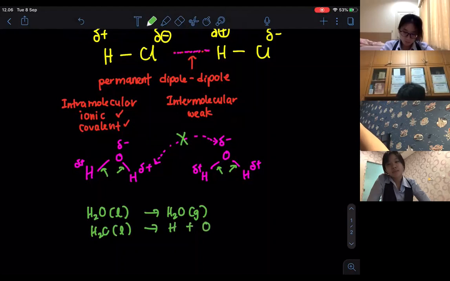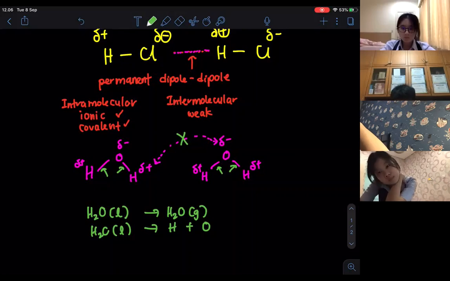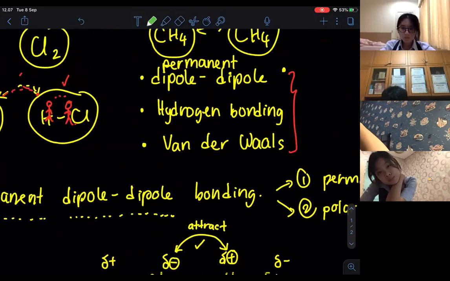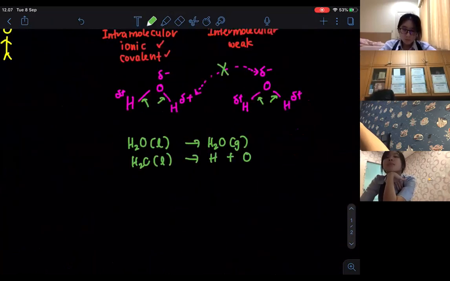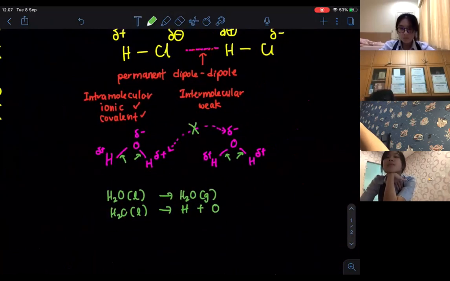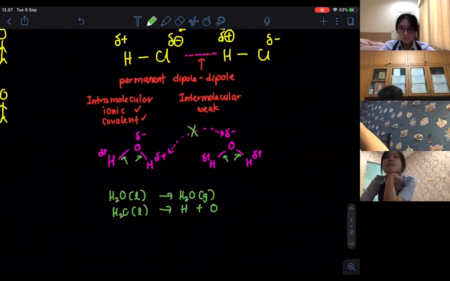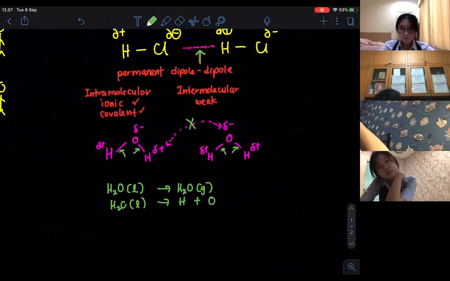You won't get that. So do remember, when we talk about the boiling point of a covalent molecule, we are always referring to the intermolecular bonding. Very important concept. We do not try to break the covalent bond. Now we know that this particular bond is permanent dipole-dipole, between polar molecules.